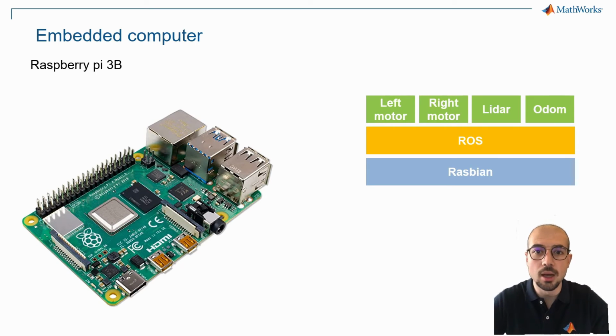Speaking about the brain of this robot, it is a Raspberry Pi. Raspberry Pi is an embedded computer that is very used in the maker community, and it's fully supported by MathWorks and has some support packages for MATLAB. And we're going to see later how to set this up and how to implement the different things.